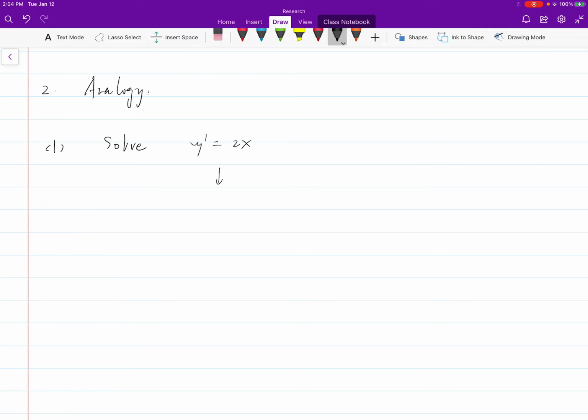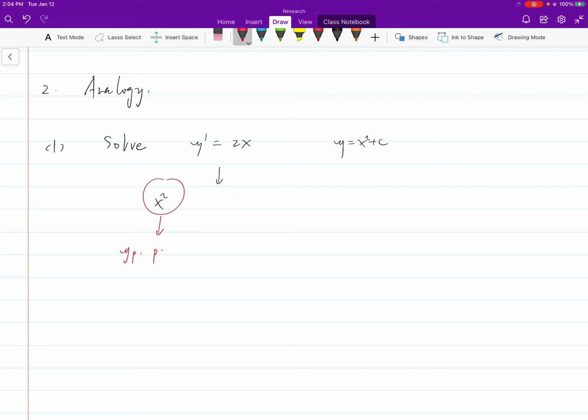Let's see, y equals x squared plus c. The first thing you do is you find a part which is x squared. You can also take x squared plus 1, doesn't matter, you just find one. You didn't find everything. This is the y_p, the particular one, for non-homogeneous case. Right? Then I should plus the one for homogeneous case.